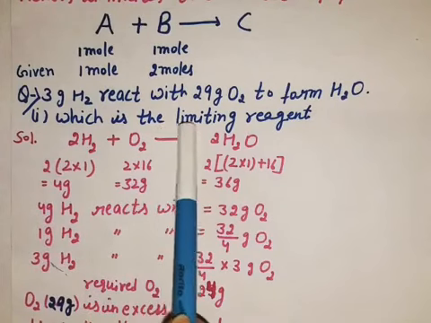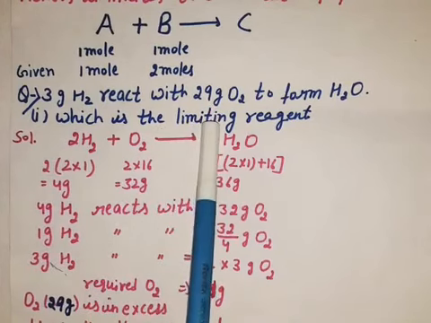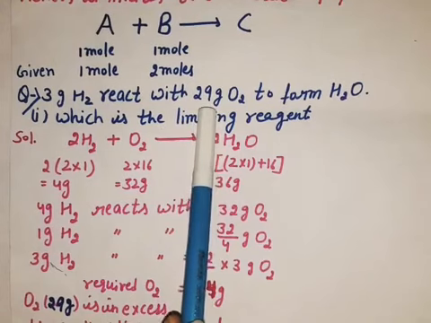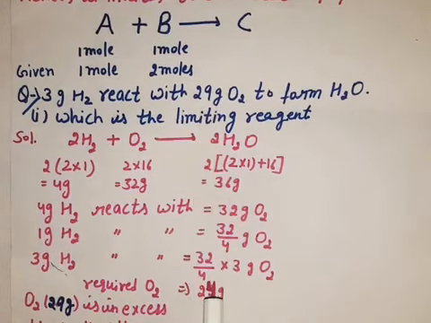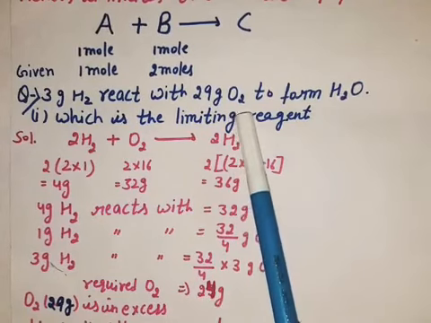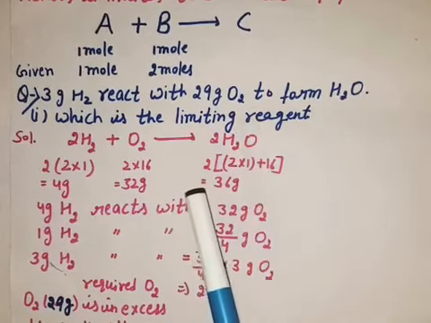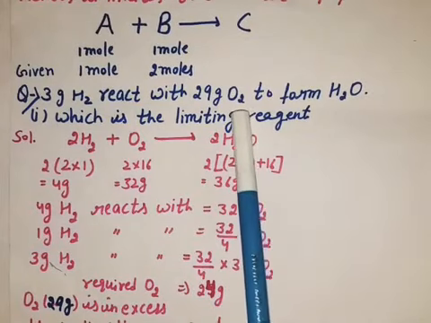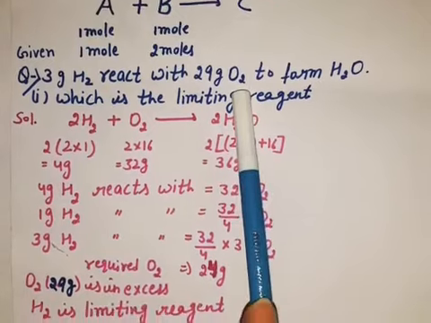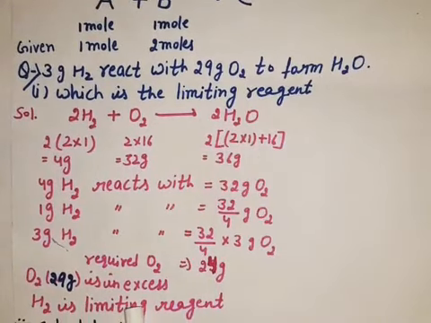But in the question, how much oxygen is given? 29 gram. And hydrogen needs only 24 gram. So that means this oxygen is present in excess amount, right? So this is the excess reagent. So which one is the limiting reagent? Hydrogen is the limiting reagent.